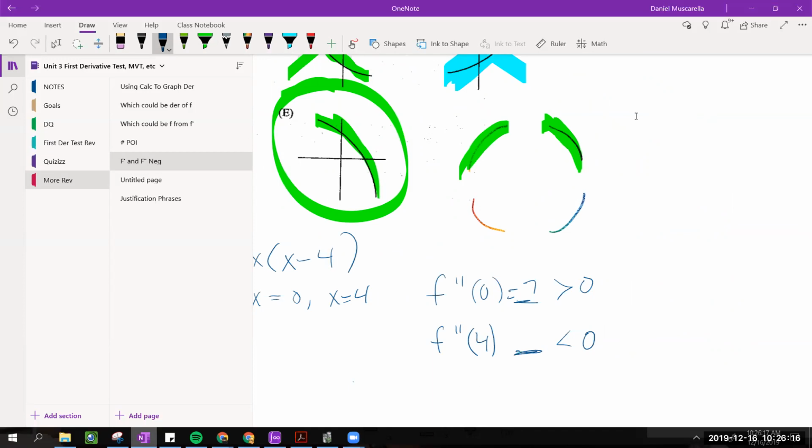Concave up. Right, so it looks like a parabola that opens up, so that would be a min. Similarly, if you plugged in 4 and got something like negative 10, some negative value less than 0, that would be concave down, which means you have a frown, so that would be a max.